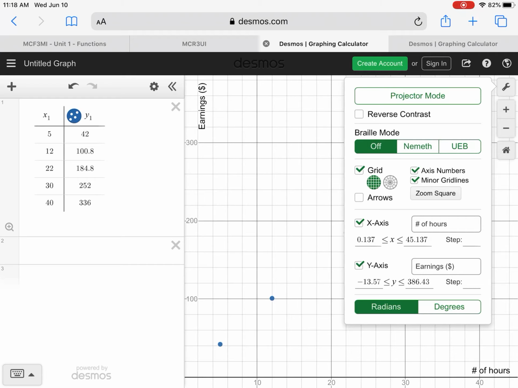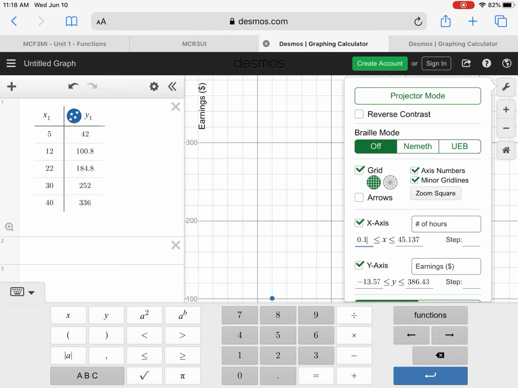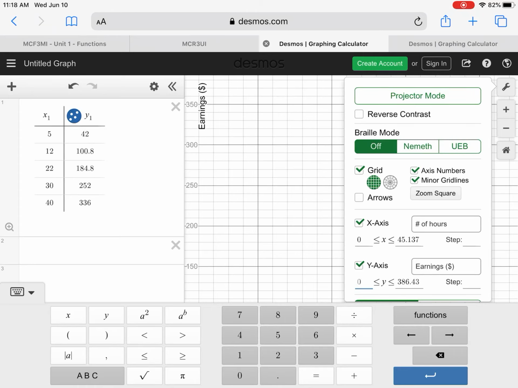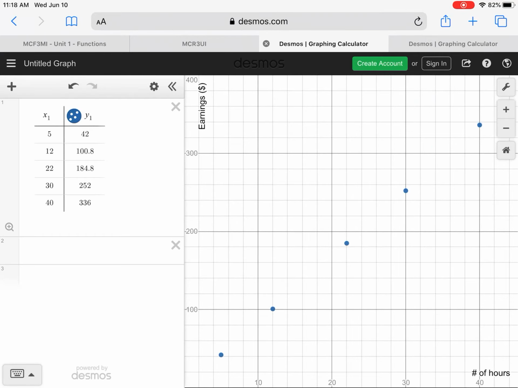And I've already put this on a scatter plot. Don't forget that you just click on your plus button over here to pick a table, fill in your table of values, and you can change your axes with your wrench over on the right hand side. I have set my axes to 0 to 45 and 0 to, and I put actually 400 in here.